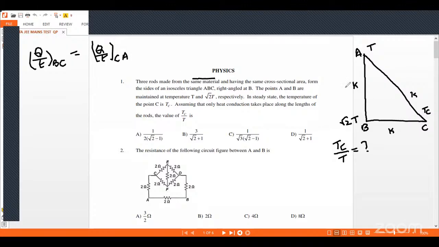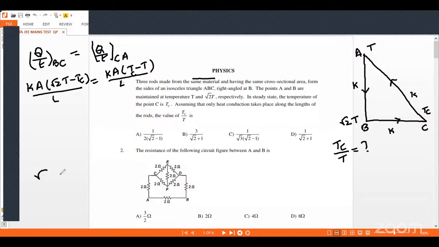Let us consider heat is transferred from B to C and then C to A. Whenever it is BC, I can write KA, since heat is transferred from high temperature to low temperature, root 2T minus Tc by L, equal to along CA, KA, Tc minus T by L. So root 2T minus Tc is equal to Tc minus T, with the length of AC.